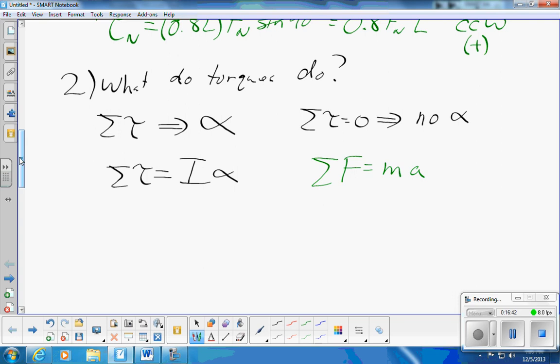That's a measure of resistance to angular acceleration, in the same way that mass is a measure of resistance to linear acceleration. And alpha is angular acceleration, and a is linear acceleration. So they kind of match up with each other. Net torque is I alpha. So that's what torques do: an unbalanced torque makes something have an angular acceleration.